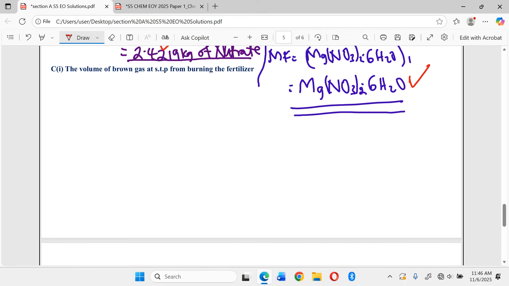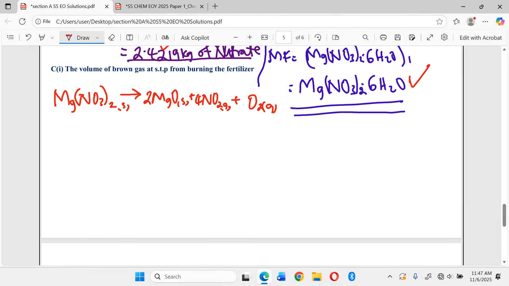From our equation, we have magnesium nitrate solid decomposing to form 2 moles of magnesium oxide, 4 moles of nitrogen dioxide gas and 1 mole of oxygen gas.